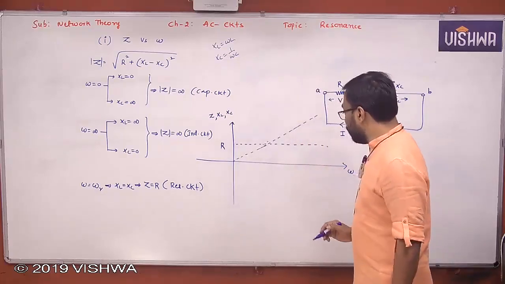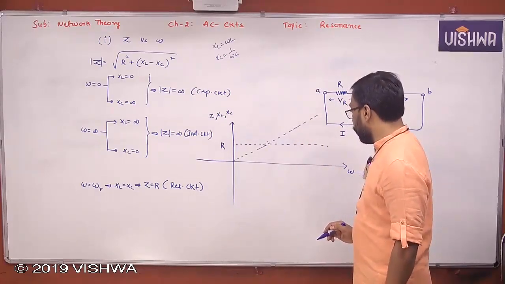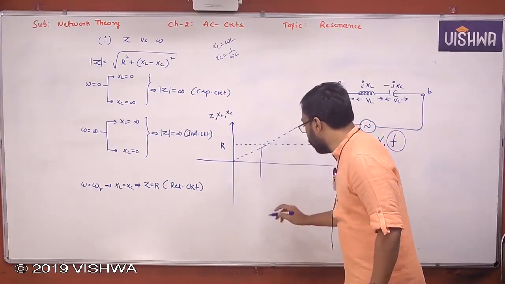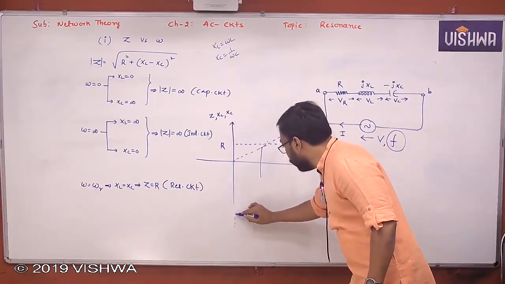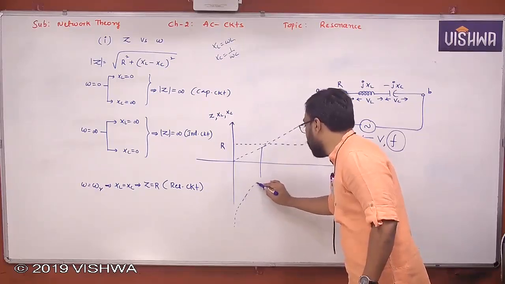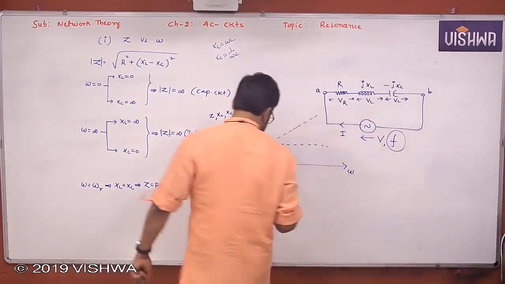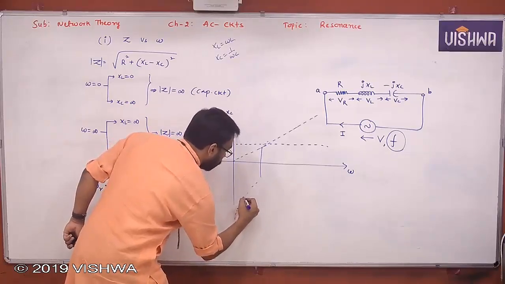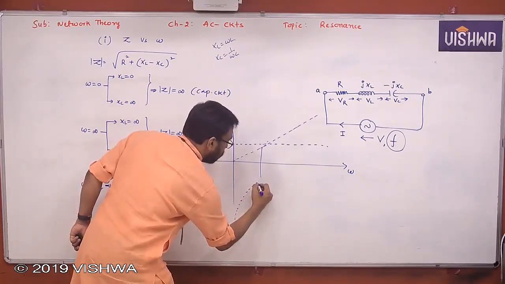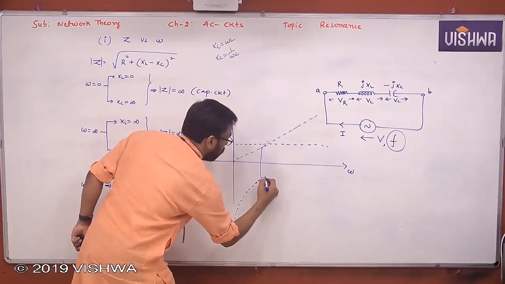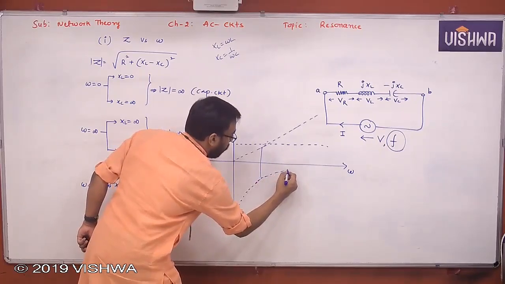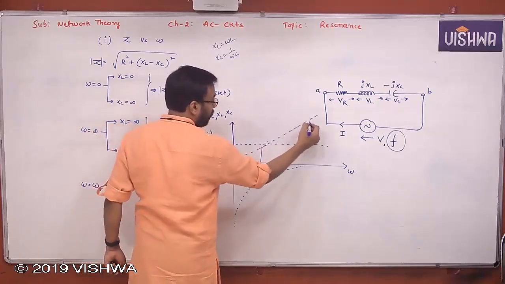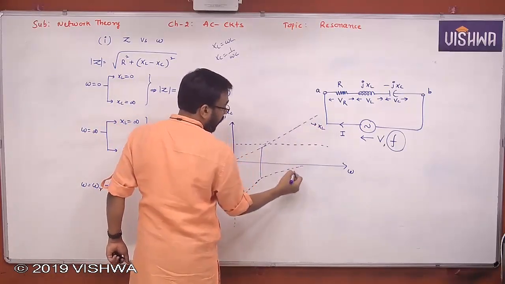XC, similarly, when you take XC, let me take some measurement here. XC is an inverse hyperbola because XC is inversely proportional to omega. Yes or no? So when you take here, this is XC. So this is XL, this is XC.